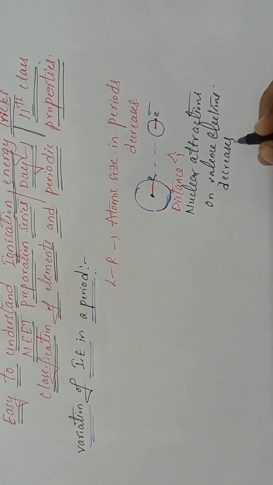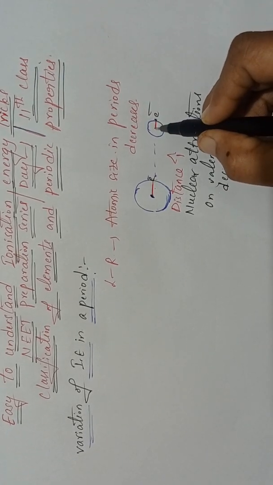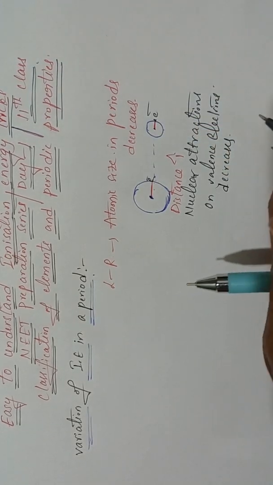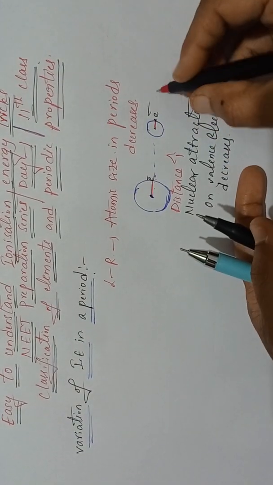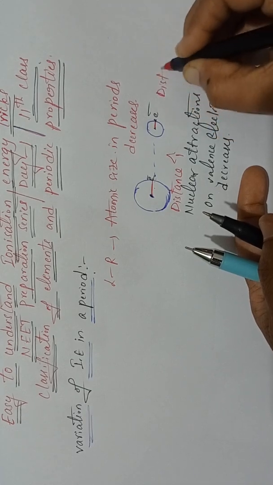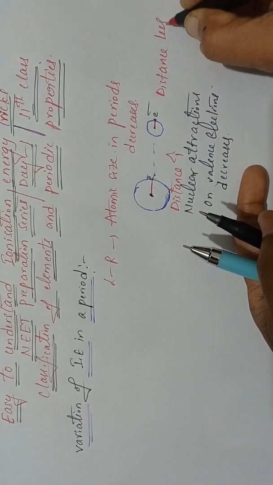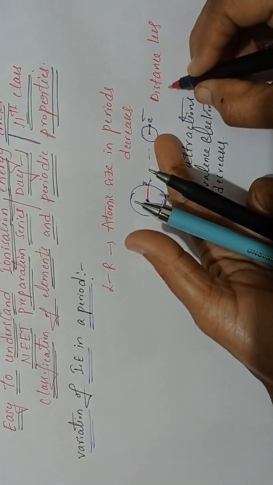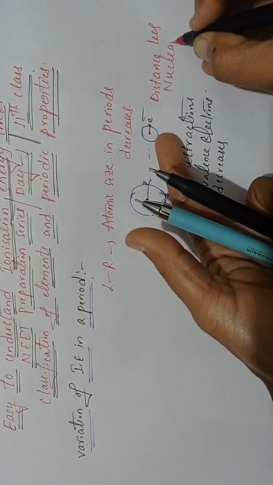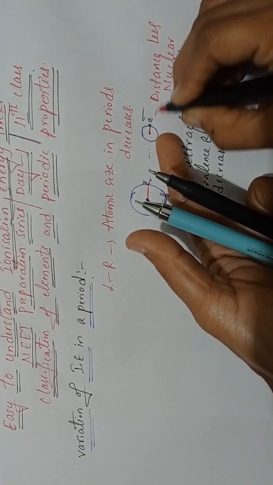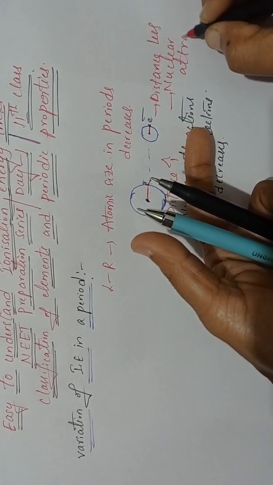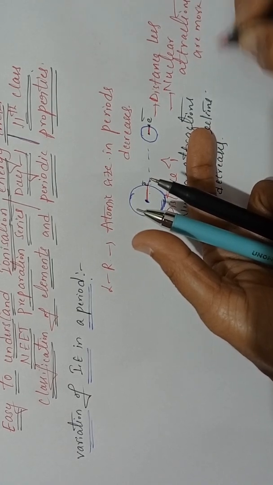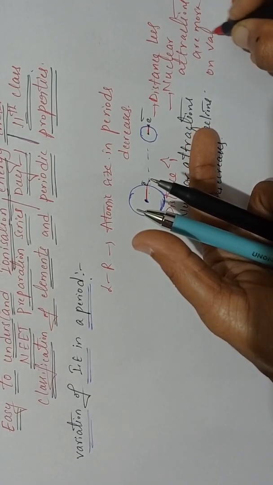Here the distance is less between the nucleus and the valence shell. So distance less, nuclear attraction more. Are you clear? In this case the distance is less, so that's why nuclear attractions are more on valence electrons.